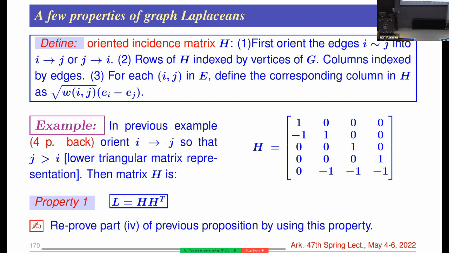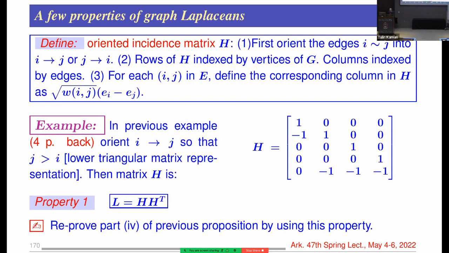There is another important definition, which is the definition of the oriented incidence matrix. So you define the matrix H. First, you orient the edges, either i to j or j to i; you have to give an orientation.